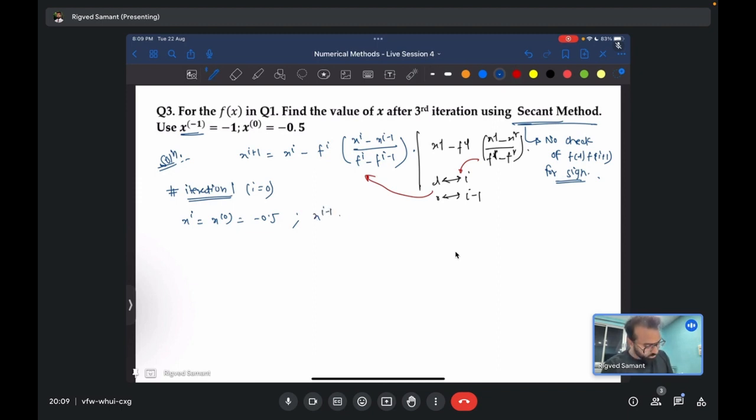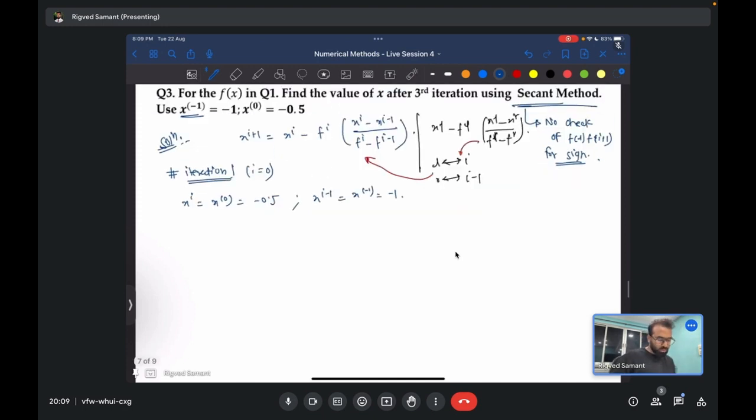Xi minus 1 is x of minus 1, that's it, minus 1. Okay, so now you can directly find xi plus 1.